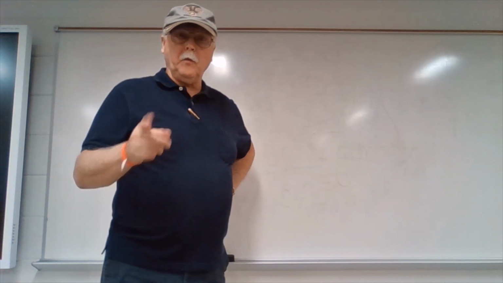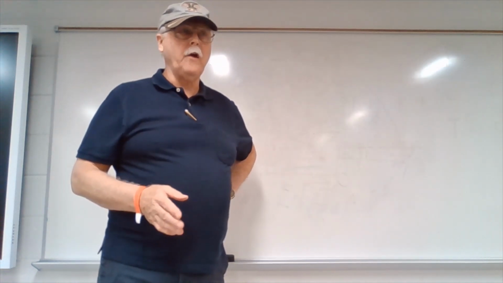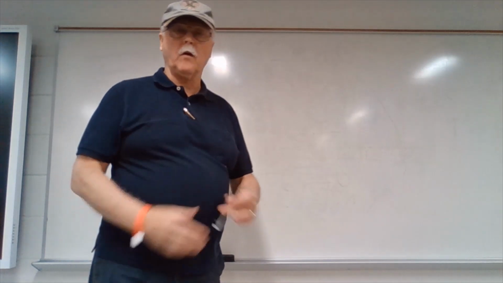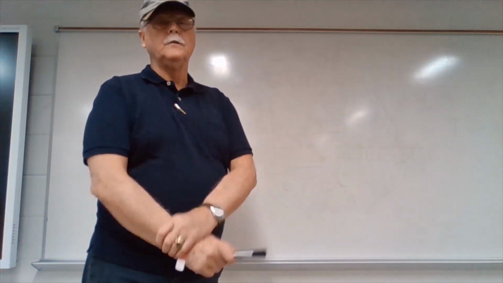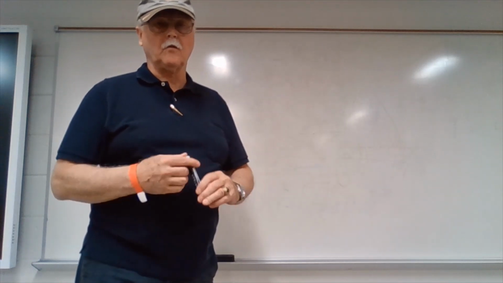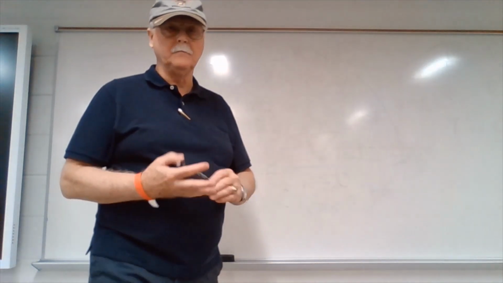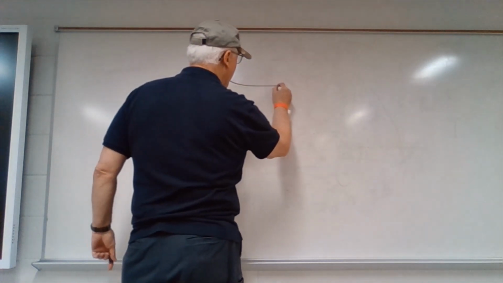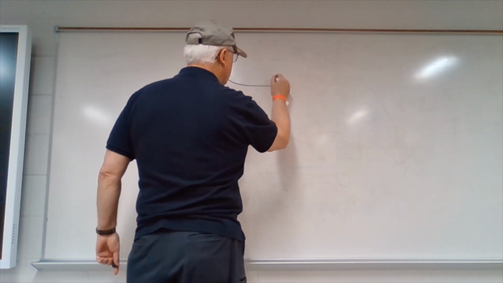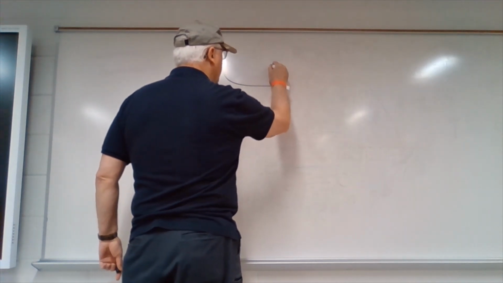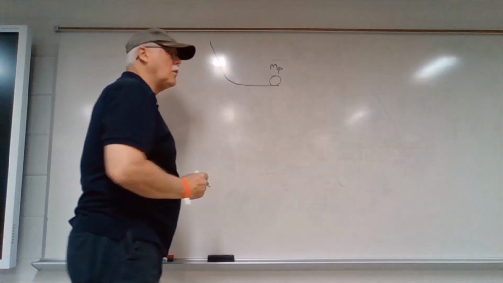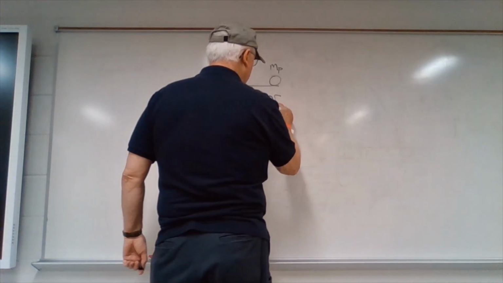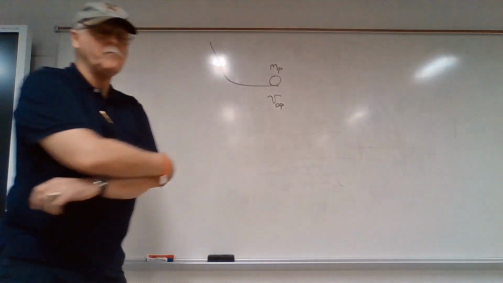Just like every experiment we've done so far in this course, you've had to ascertain what the control variable is. Now, just think for a second. What do you think the control variable is in this experiment? If I take a ramp and I roll a ball, mass of the projectile, it's got an initial velocity of the projectile.